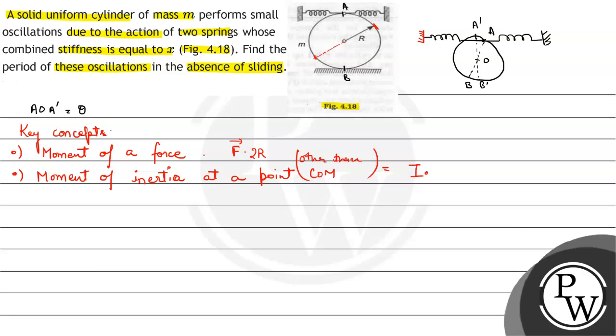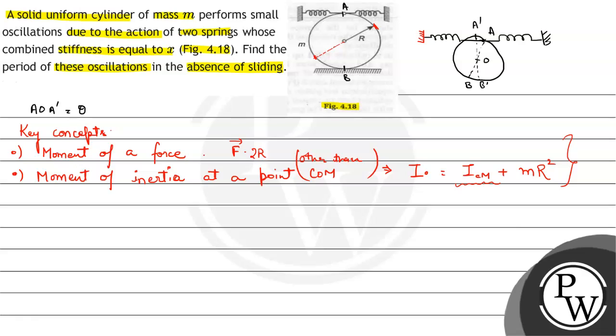Let's suppose we are talking about point O. It will be equal to moment of inertia at center of mass, which is CM, plus m into distance between the center of mass and the point O, which is r in this case. So IO will be the moment of inertia at center of mass plus mr square. Okay, so these are two important concepts which we need to consider in this question.